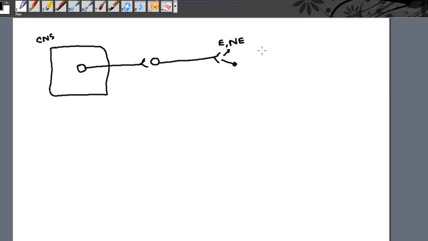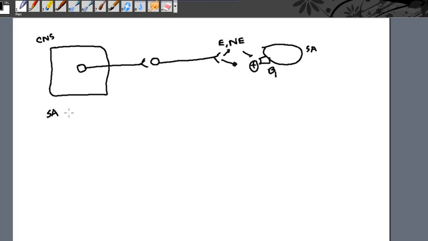Let's suppose first they stimulate the SA node. So suppose this is the SA node, and on the surface of the SA node there is beta 1 receptor, and this epinephrine and norepinephrine stimulate the beta 1 receptor. You know the SA node in the heart always undergoes spontaneous depolarization.